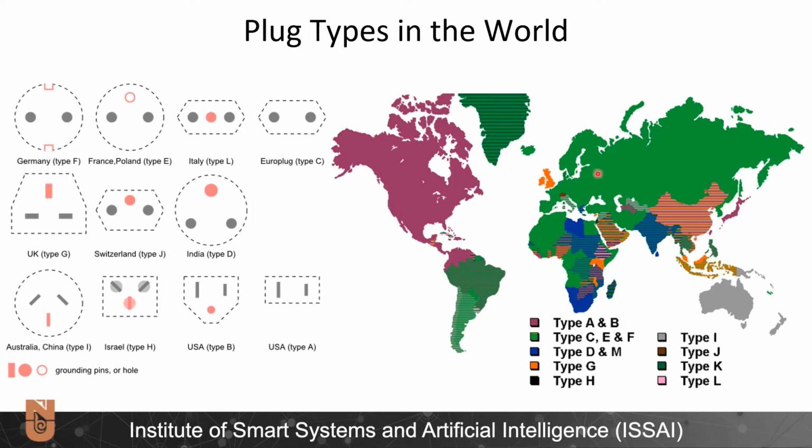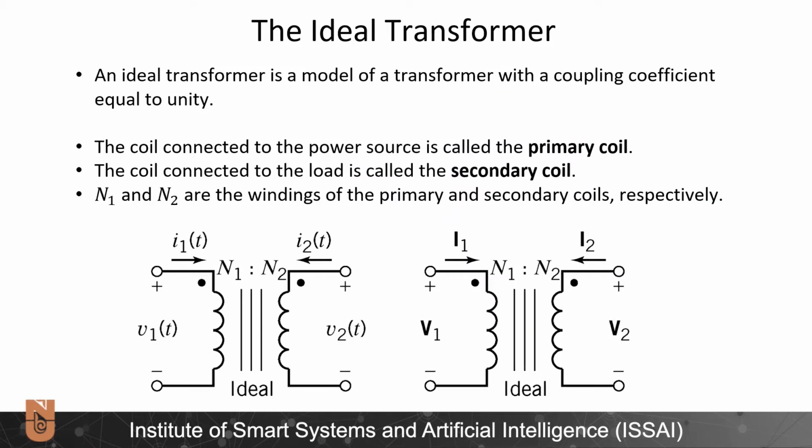So in Europe, Russia, Kazakhstan, Turkey and Iran, and in some other countries, we are using the European type plugs, which are called type C, E, and F. In other countries around the world, for instance, in India, we are using type D. In North America, we just have type A and B. And therefore, you cannot directly connect electrical appliances from these different regions to the wall without using adapters.